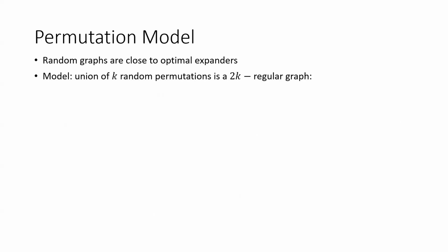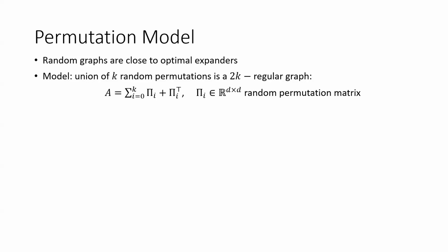So basically it is well known that random graphs are optimal expanders with high probability. In particular, if I define a random regular graph to be the union of a bunch of perfect matchings, then this thing is going to be close to Ramanujan.